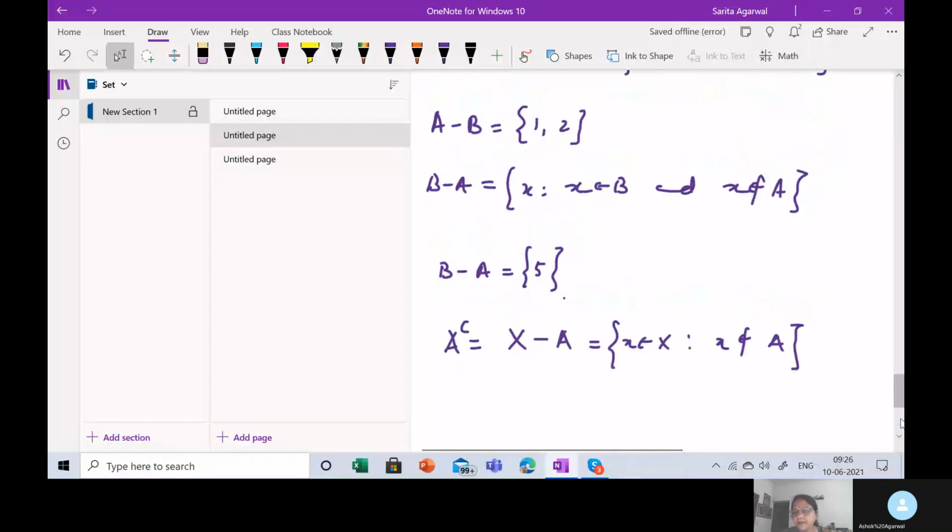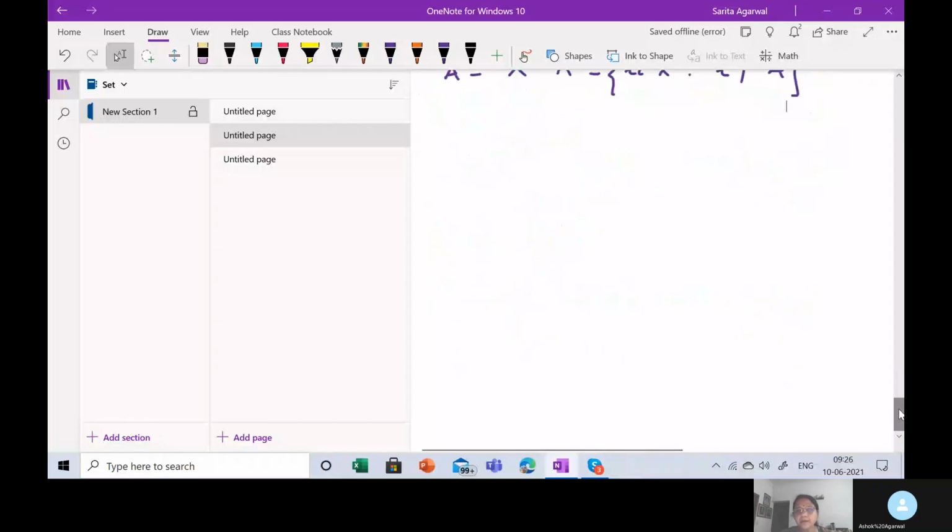Now after complement, we are coming to the symmetric difference of sets.